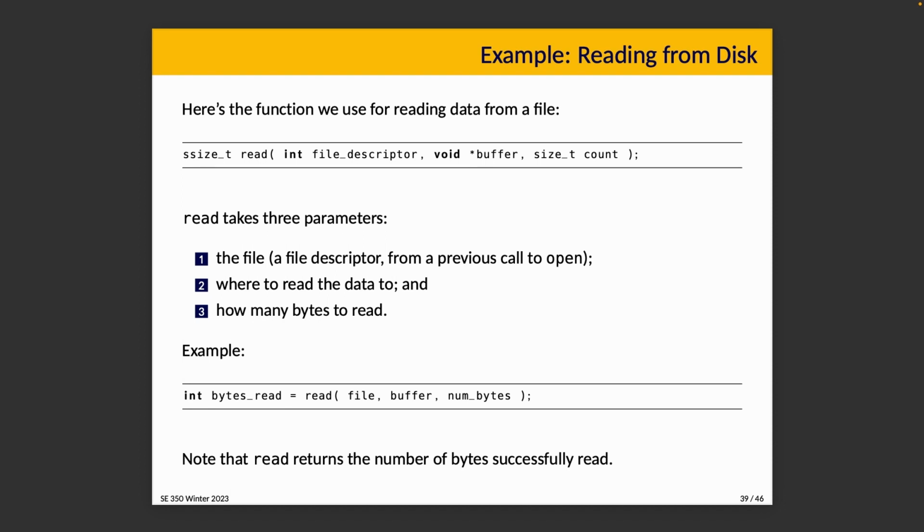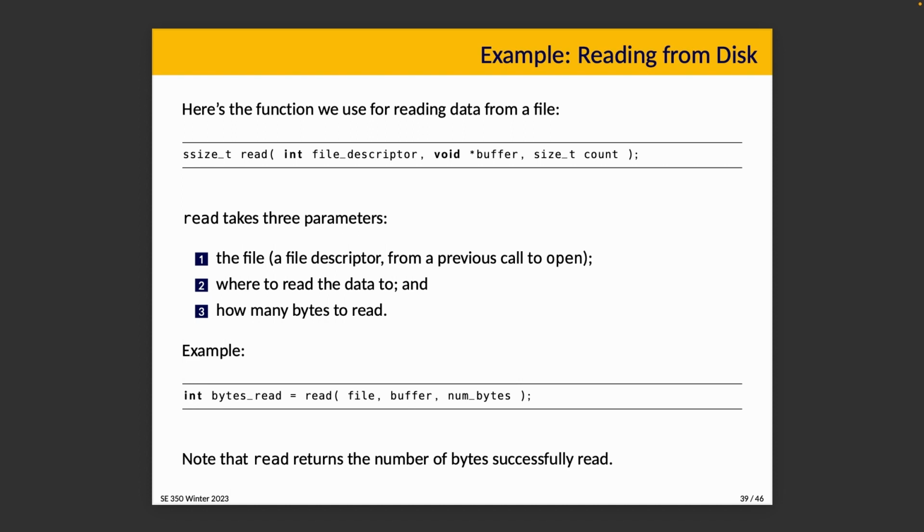It returns size_t, which describes the size of the data that has come back. It's just an integer. And we specify a file descriptor, a buffer, and a count. Read takes those three parameters.